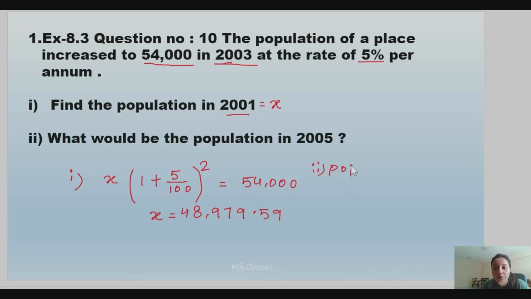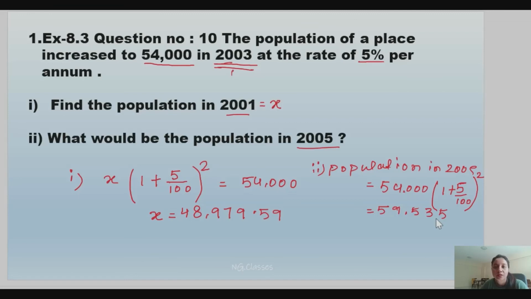Population in 2005 will be, taking the 2003 population 54,000 as principal, 54,000 times (1 plus 5 by 100) whole power, from 2003 to 2005, the time period is 2 years. When we calculate it, we will get 59,535.